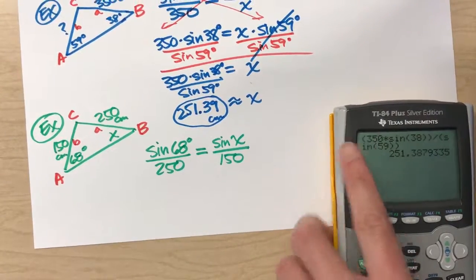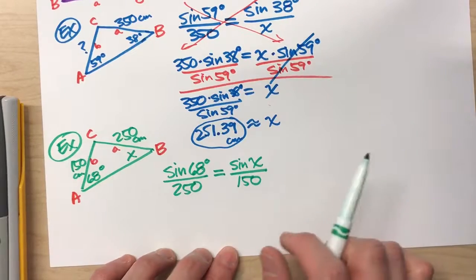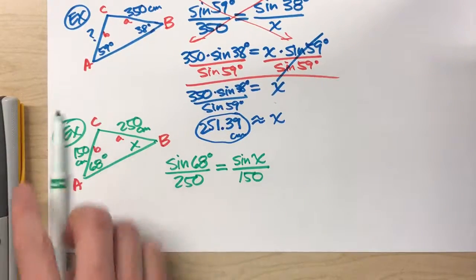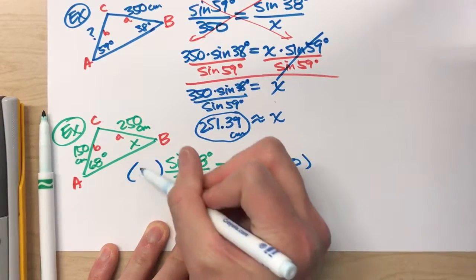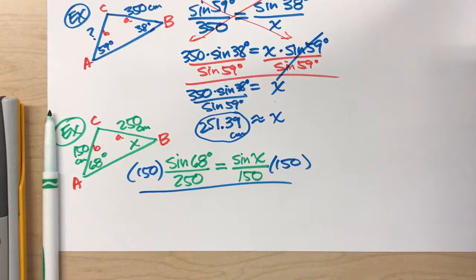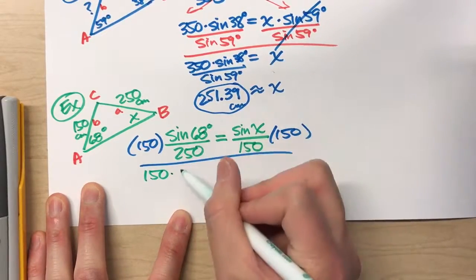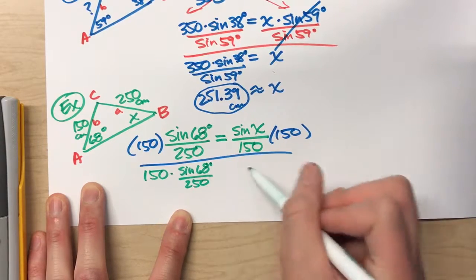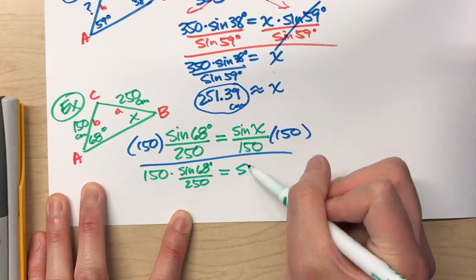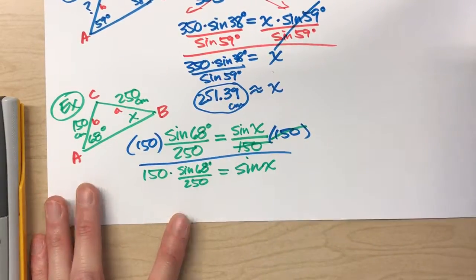So notice, this time, I don't know the angle, so I'm going to have to use the inverse of sine to solve for x. But first, I'm going to multiply both sides by 150. So I end up getting 150 times all that stuff, which is a lot of stuff, but fortunately we had the calculator to do all that work, equals, because these cancel out, the sine of x.